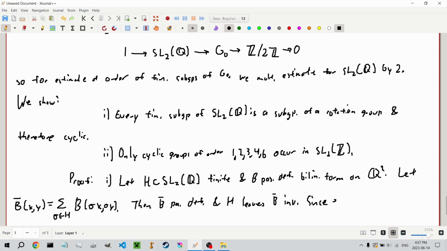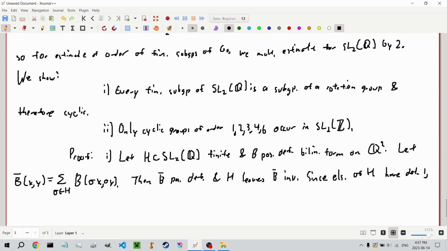Since the elements of H have determinant 1, H is a subset of the rotations of R squared with respect to the scalar product B bar.